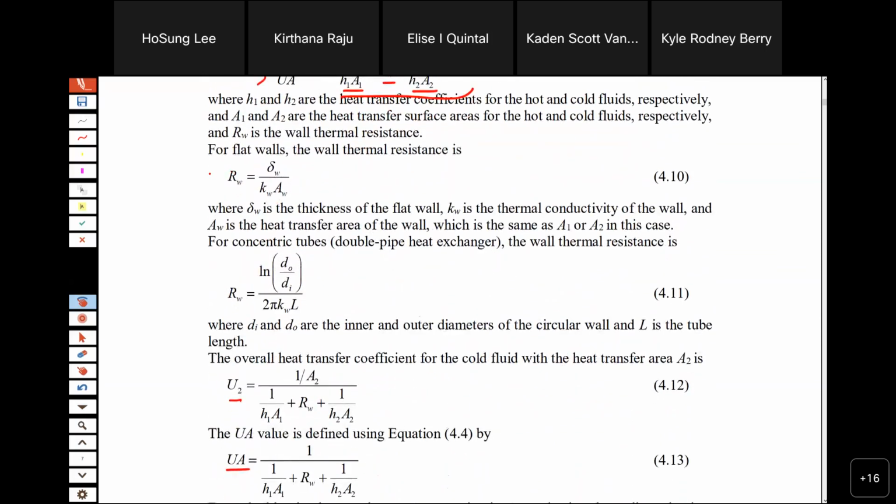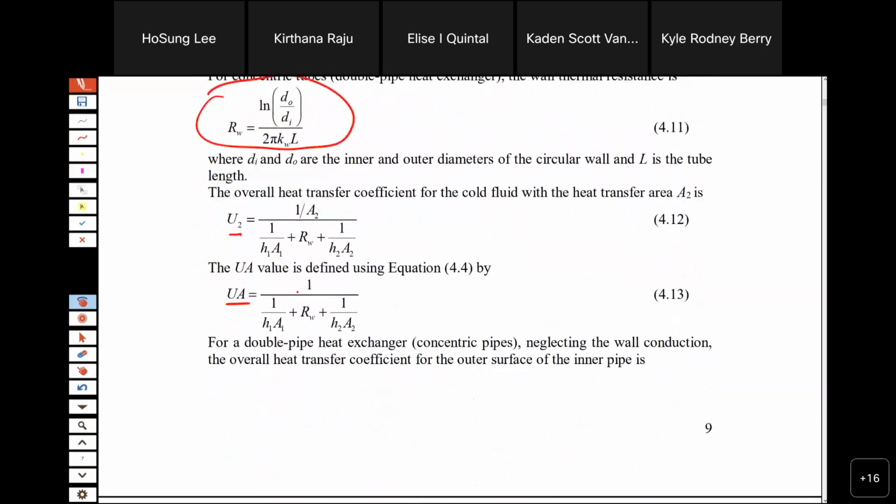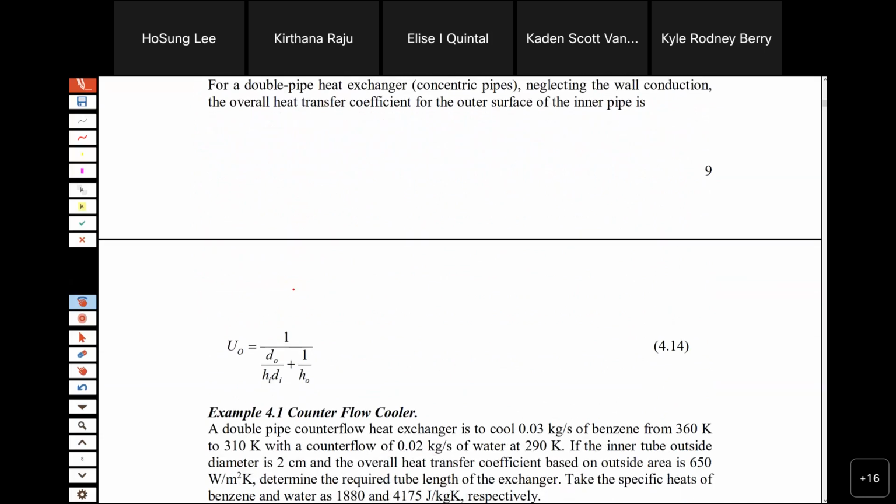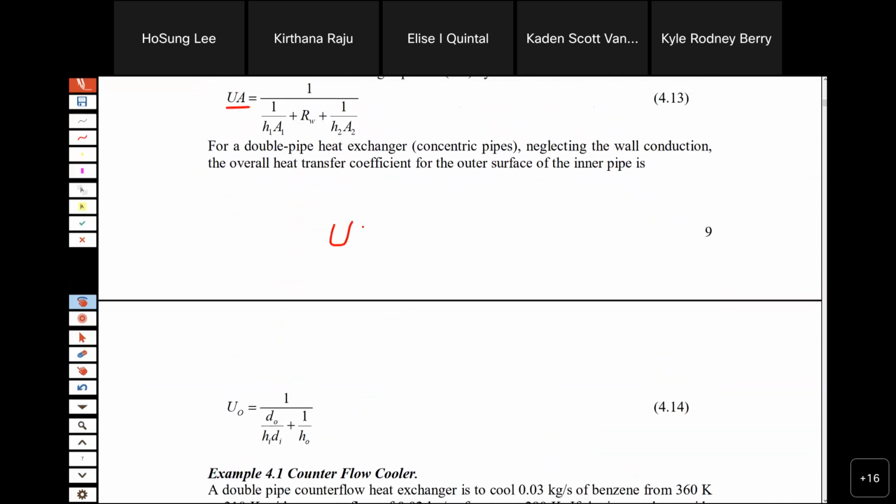And this is a plate. We know the heat transfer: if it is a plate, then plate thermal resistance; if it is a cylinder, this is the cylindrical thermal resistance. So we can handle both. But sometimes I said UA. Don't ask me which side, you can go any side: U1, A1, U2, A2.